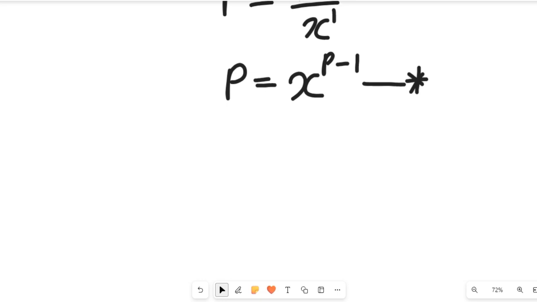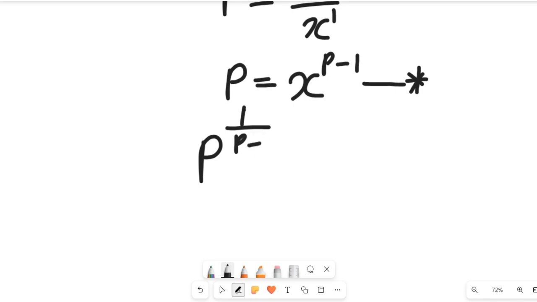Now with this value of p, I can simply find the value of x. Now to find the value of x, what I need to do is to multiply both sides by the reciprocal of p minus 1. Great. Now if I do that, I'm going to have p multiplied by 1 divided by p minus 1, and this will be equal to x multiplied by p minus 1 multiplied by 1 divided by p minus 1.